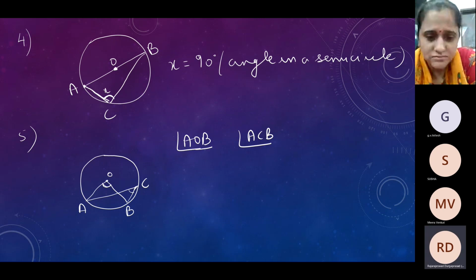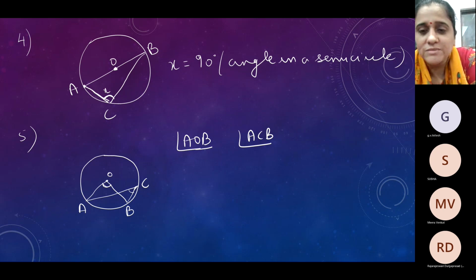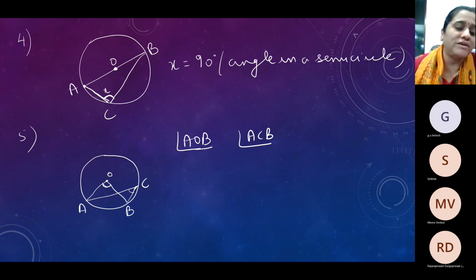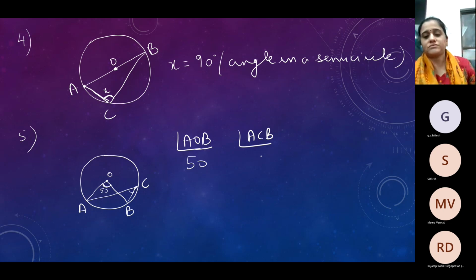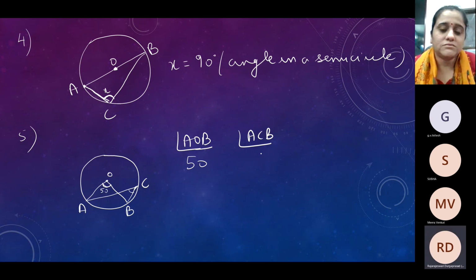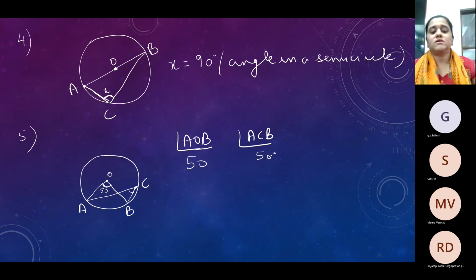Angle in the same segment. Angles in the same segment of a circle are equal. Rajeshwari, right? Yes, ma'am. Okay. So if angle AOB is say 50 degrees, what will be the measure of ACB? 50 degrees, ma'am. Okay.